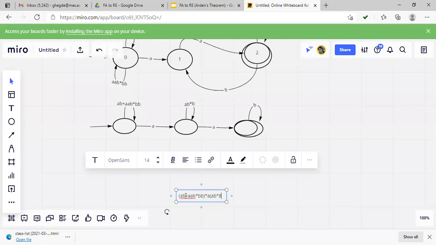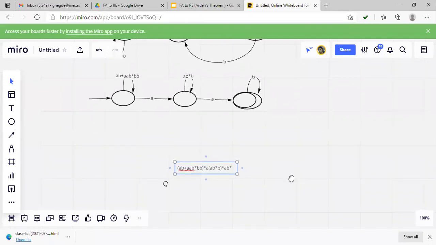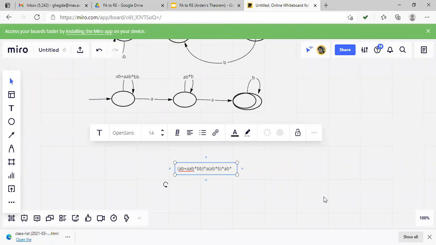AB or AA, B star, BB whole star. Yes. A, AB whole star, B, right, whole star. Yes, very good. It's very simple, right? After eliminating the loop, it is very simple to write the RE. Yes, Rishikesh, right? Yes, Karthik, right. Very good. I hope this is clear.